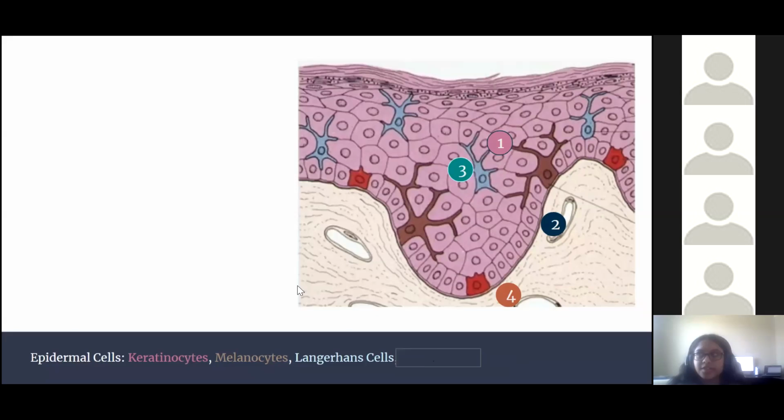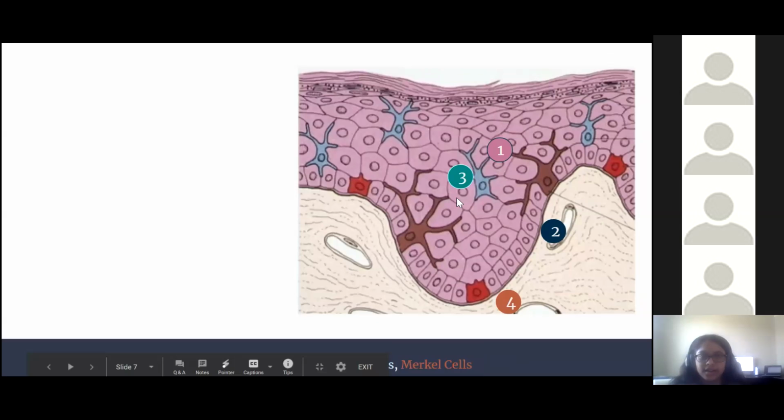I'm pretty sure I made a chart, but I'm not entirely sure. You can put a chart if you want. Okay, is everyone good with this slide? Yep. Okay.